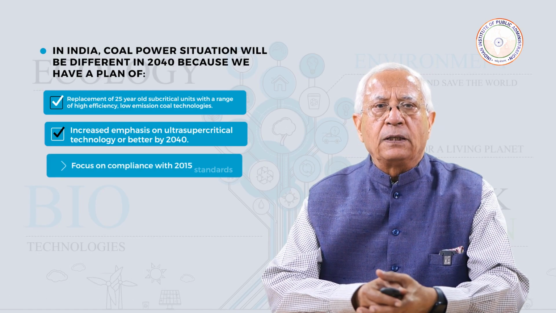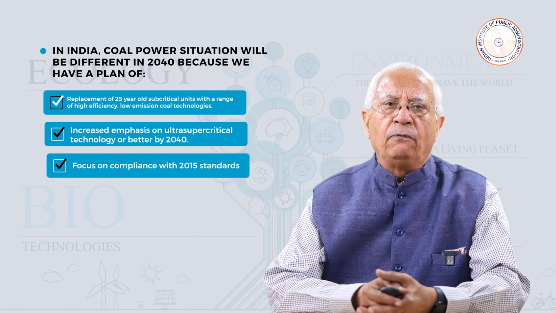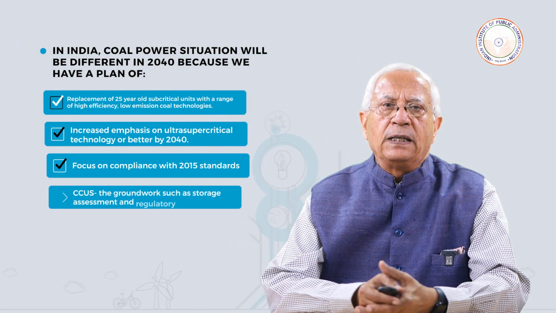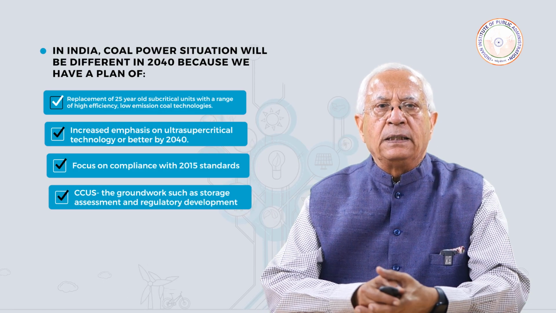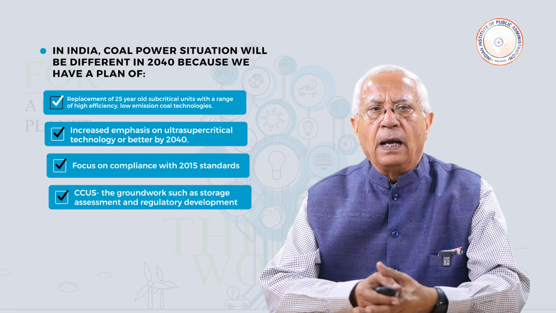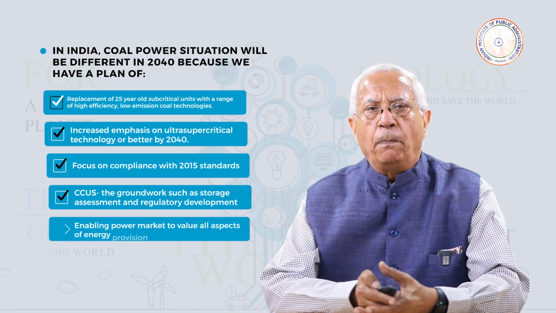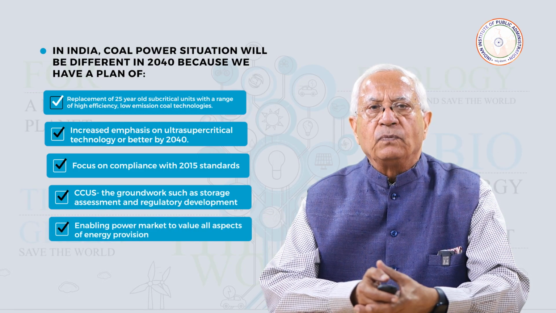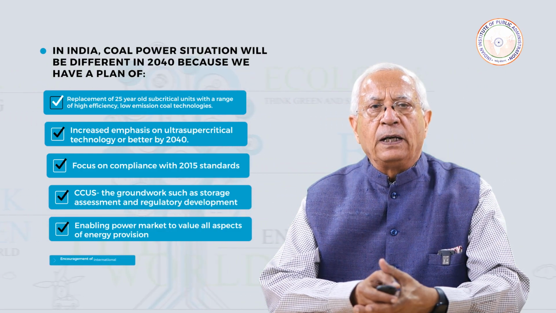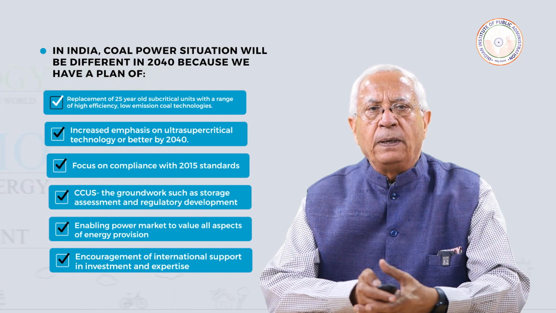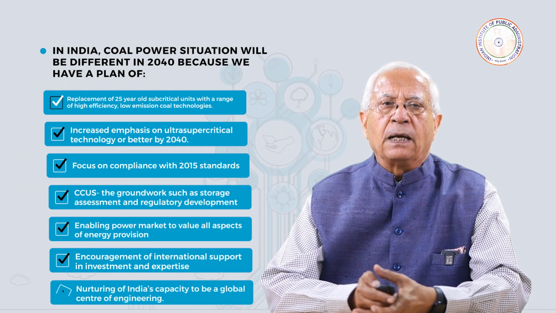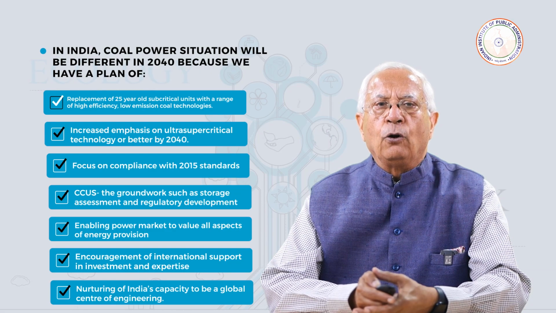Third is a focus on compliance with 2015 standards. Last, CCUS groundwork such as storage assessment and regulatory development, and enabling the power market to value all aspects of energy production. Also encouragement of international support in investment and expertise, and nurturing of India's capacity to be a global center of engineering.